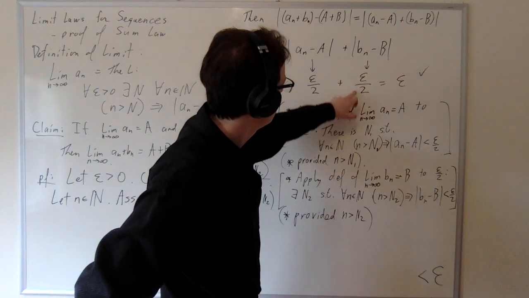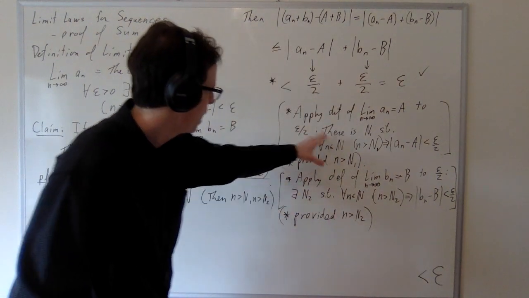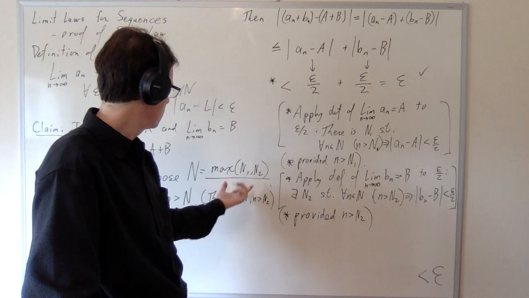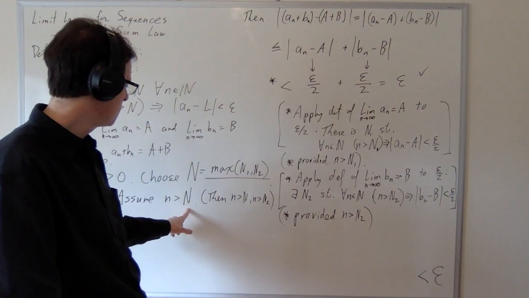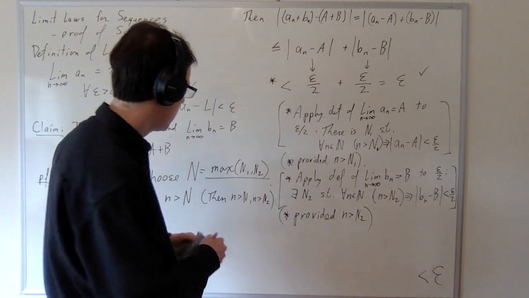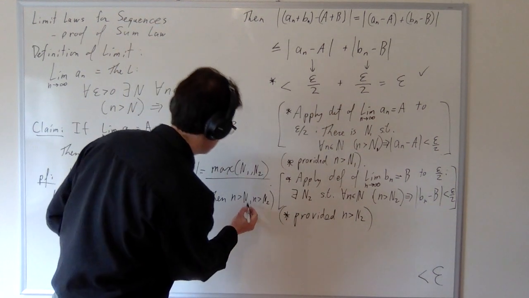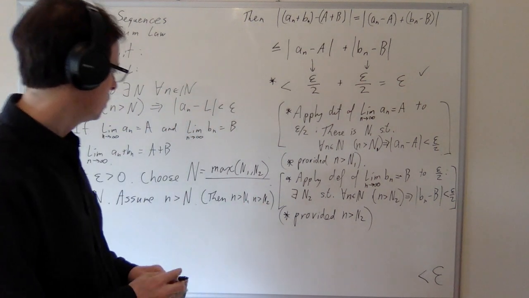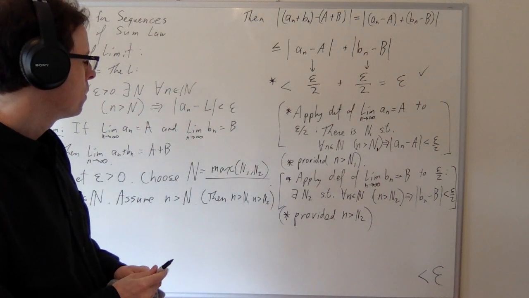This gives us another that justifies this inequality. We're packing them together into one by choosing cap n to be the max of those two special values. And then when little n is assumed to be greater than cap n, it is effectively assumed to be greater than both n1 and n2. It's greater than n1 and it's greater than n2.